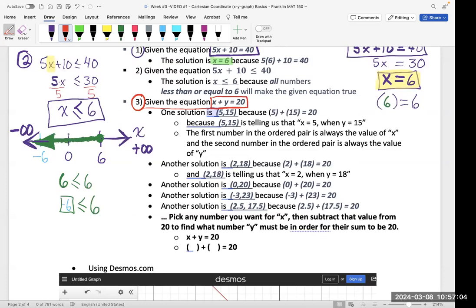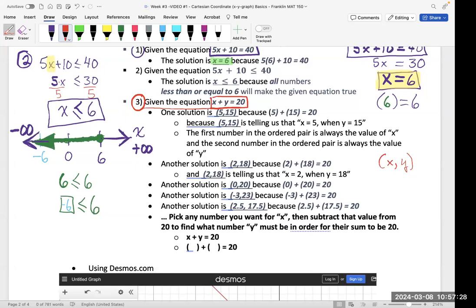That's an infinite number of solutions. You do not want to have to write out all of the ordered pairs for which X plus Y equals 20 is true. We have 1 and 19, we have 5 plus 15, we have 1.9 plus 18.1. You can add all the fractions and decimals involved, pairs of numbers that will add to be 20.